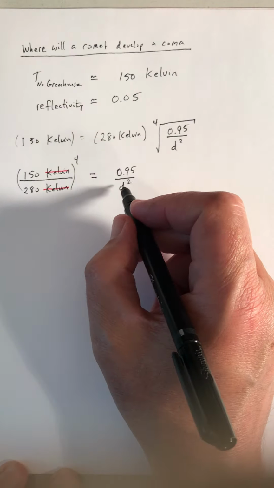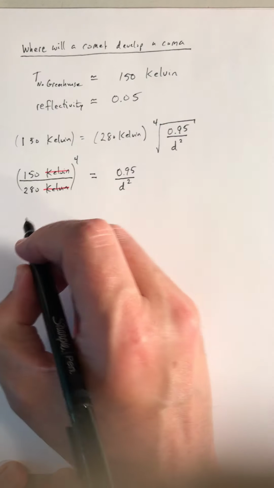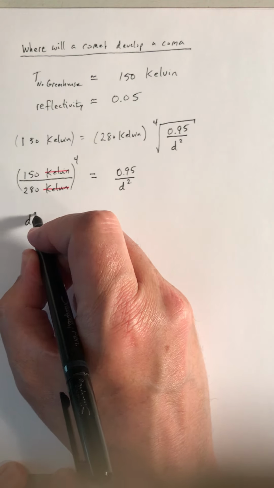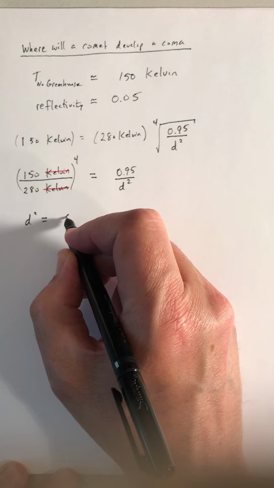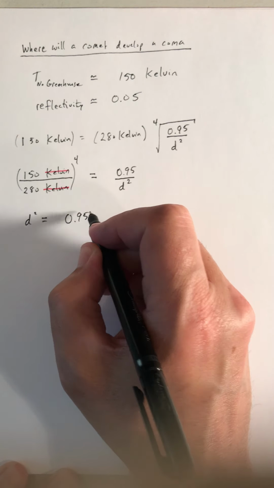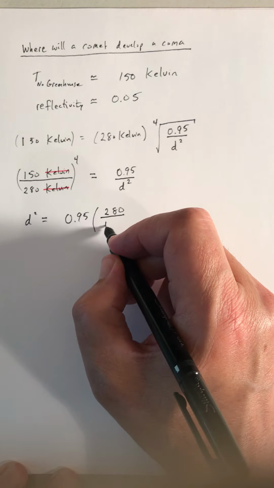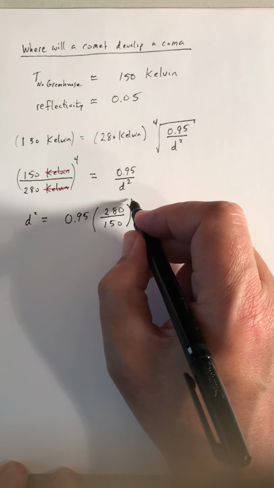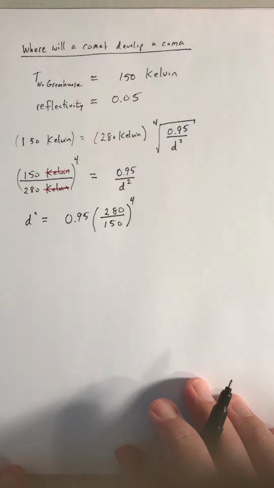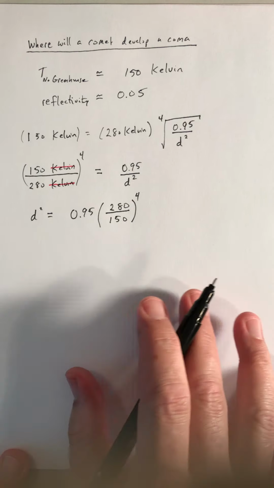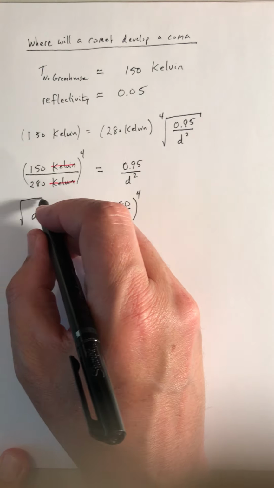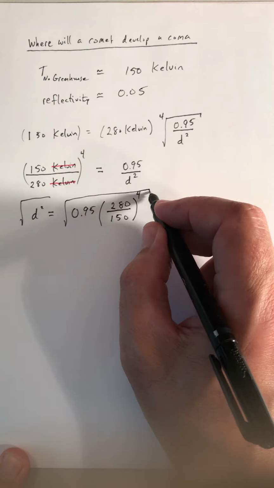Get the distance squared by itself on one side, so it's going to be 280 over 150 to the 4th power. Then I clear the square by taking the square root of both sides.